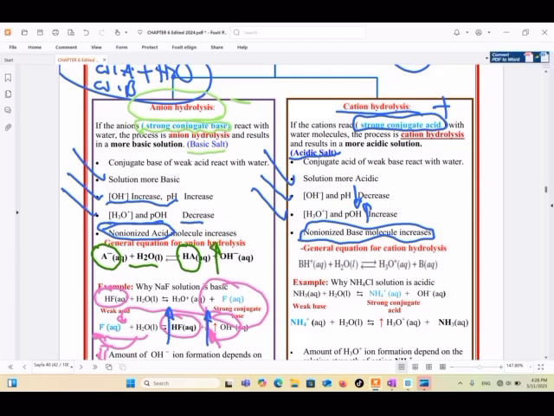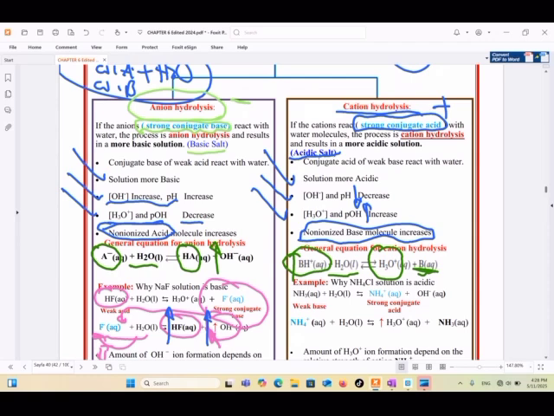But cation hydrolysis is a positive ion reacting with H2O to produce hydronium and a base molecule, usually a weak base molecule.